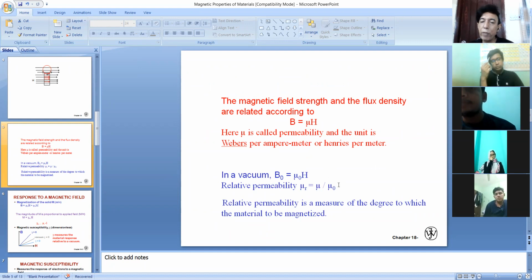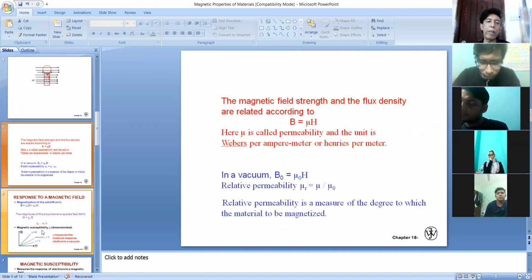If this value is greater than 1, then chi will be greater than 0. And if this value is less than 1, that means mu naught is greater than mu, then chi will be less than 0.